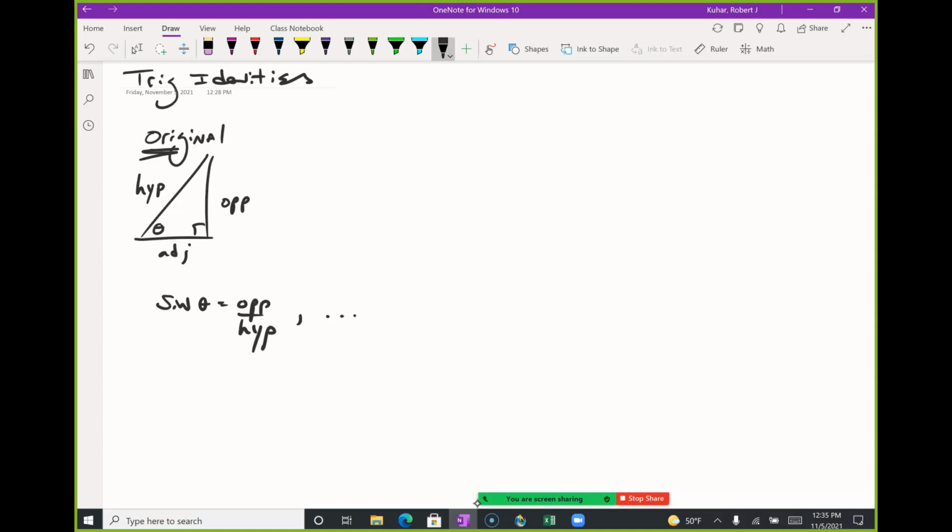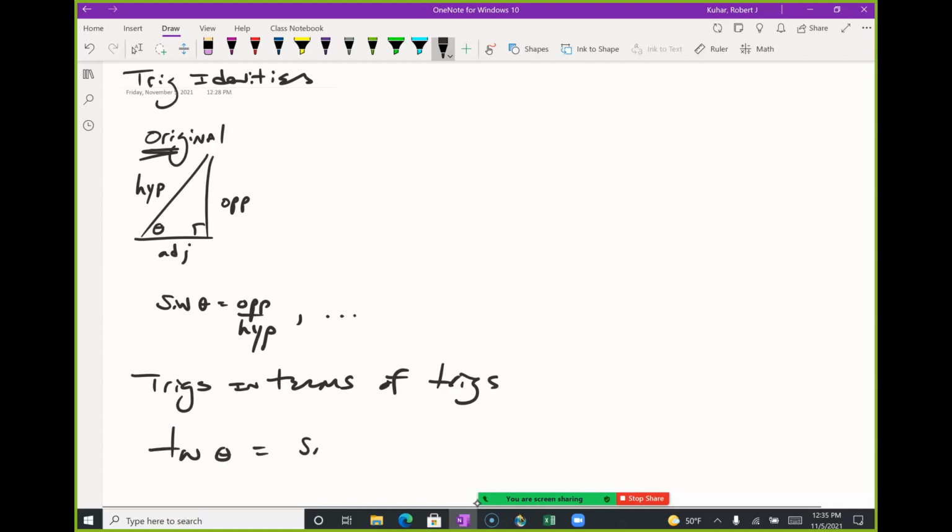We had trigs in terms of trigs. We really only have two there. Tan of theta is sine of theta over cos of theta.